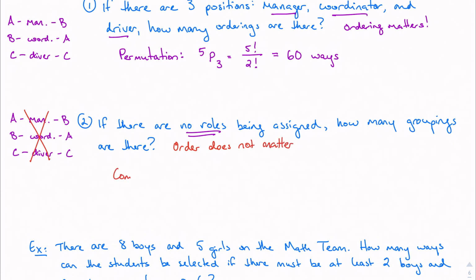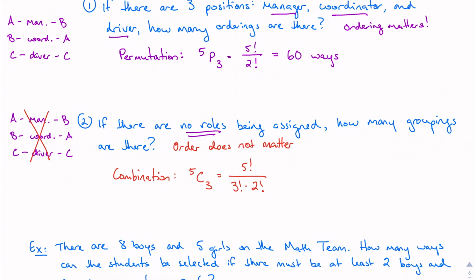Well, I need a way to get rid of the duplicates. The first thing I might want to look at is just in general, how many different ways could I put them in orders, right? And that's still a permutation. But now I need to eliminate all of these duplicates that I have. And that 3 factorial, that remember up here, right?